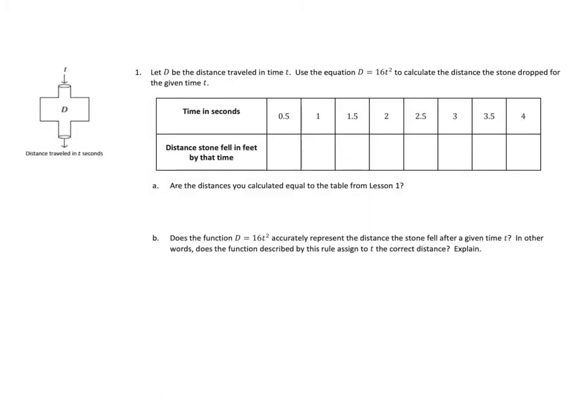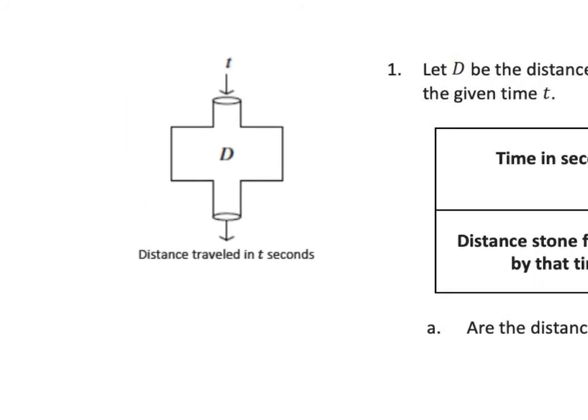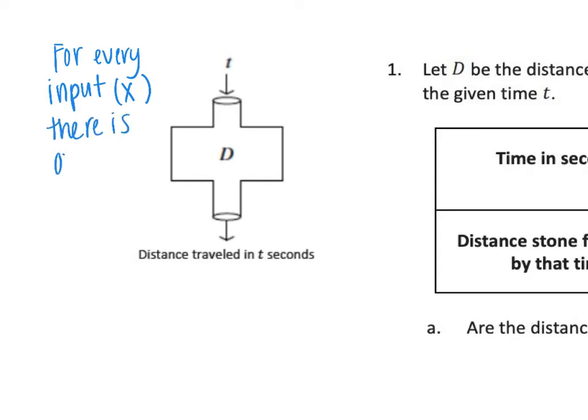From what we saw on that last screen, I'm going to tell you a rule about functions. Basically, for every input, this is our x, right? For every number we put into the function, there is only one output, or one y.